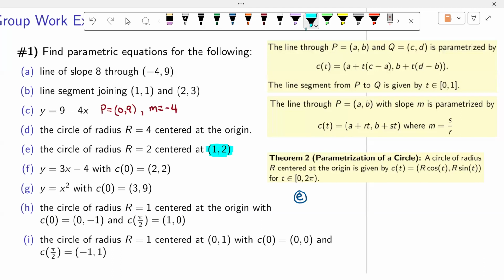So how do we think about that? It'd be nice if it were centered at the origin, right? That'd be easy. Because then it would just be 2 cosine t and a 2 sine t. But it's not there.